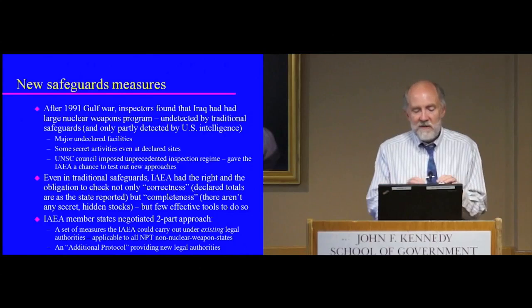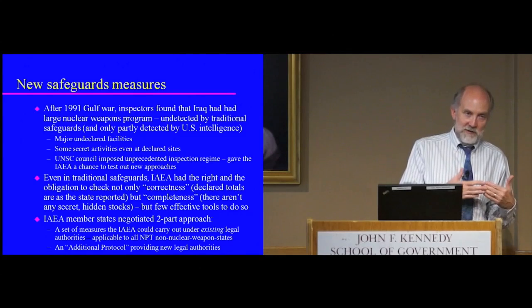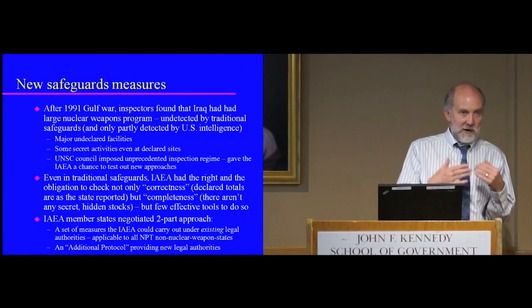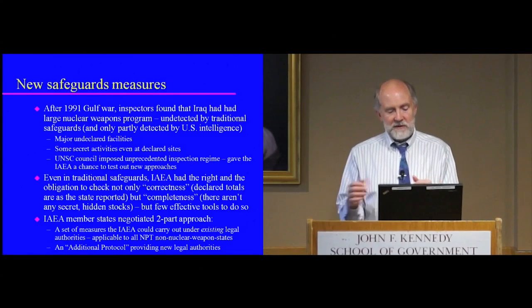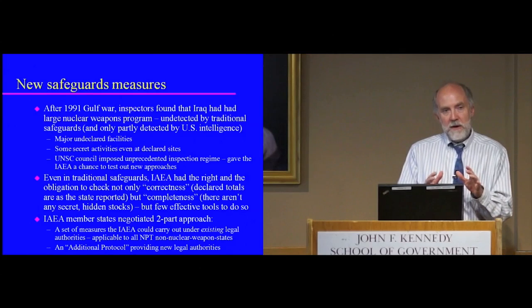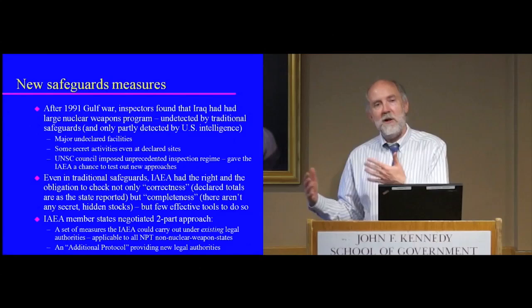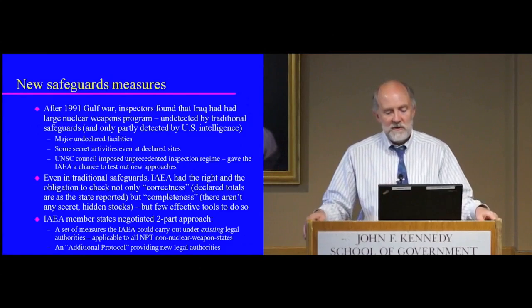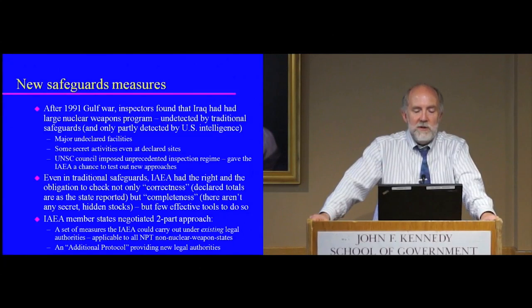One was a set of measures that they thought the IAEA could carry out using the legal authorities it already had under existing safeguards agreements. And then they also initiated a new agreement, what they called a protocol additional to safeguards agreements, or additional protocol, that would give the IAEA new legal authorities.